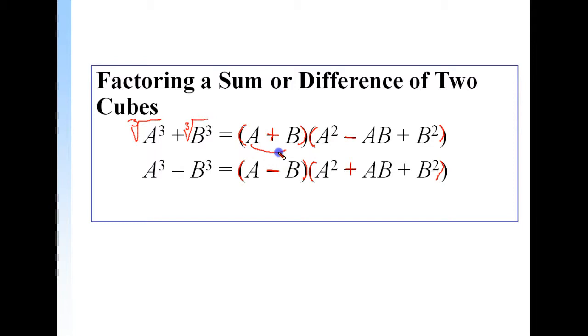You multiply these two terms together, and that makes up your middle term. Now notice you would think it should be a positive, but this other rule has precedence. If this is plus, this will be minus, but you multiply these. Then you square this term. And that's exactly the same for the other. And we'll see some examples, and you may want to go back and take some notes on this.